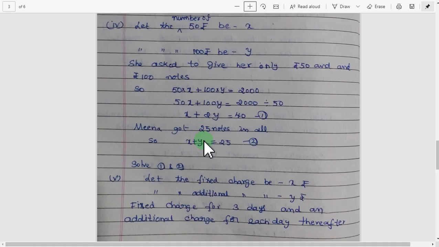If you add those, you must get 25. So this is our second equation. If you solve these two equations, you will get X and Y values, X is the number of 50 rupees notes and Y is the number of 100 rupees notes. You have to complete this sum.